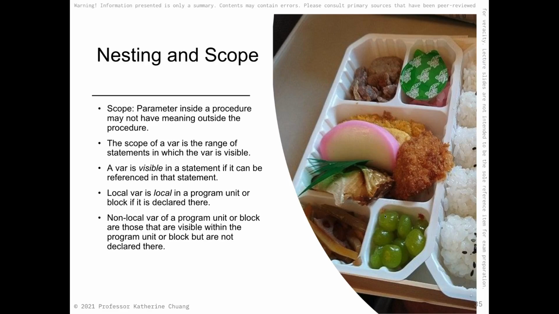The next concept is nesting and scope. And this is basically talking about how you can organize the variables, the values. So this is to talk about how you would organize values for a program. I thought a bento box was a nice example to say you can separate out different elements, and then when you package it, it's laid out, it's separate.